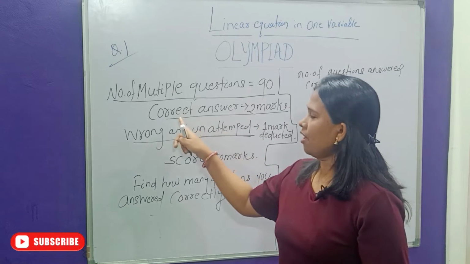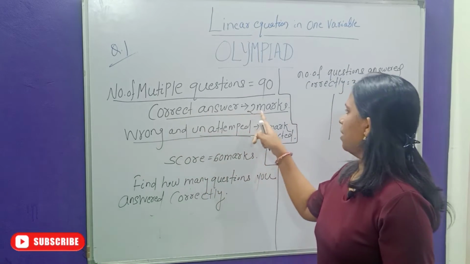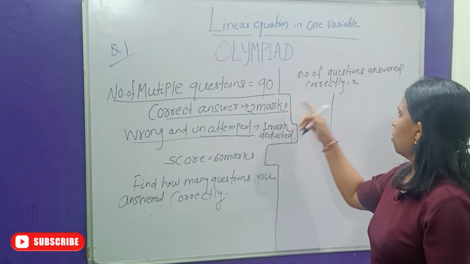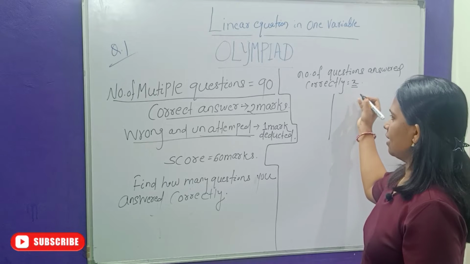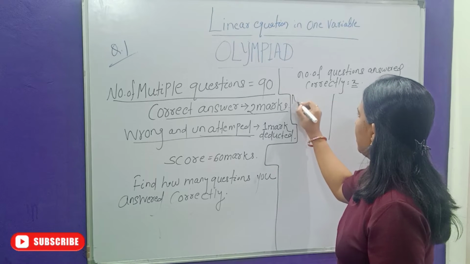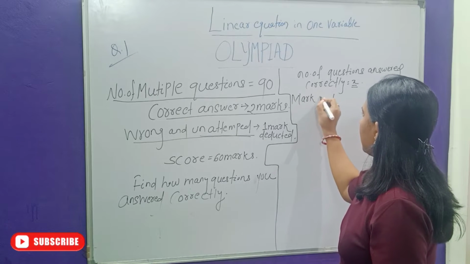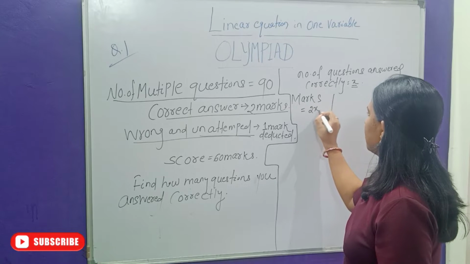Let the number of questions answered correctly be x. For a correct answer we get 2 marks, so as x questions are correct, the marks we get must be 2x. Am I right?